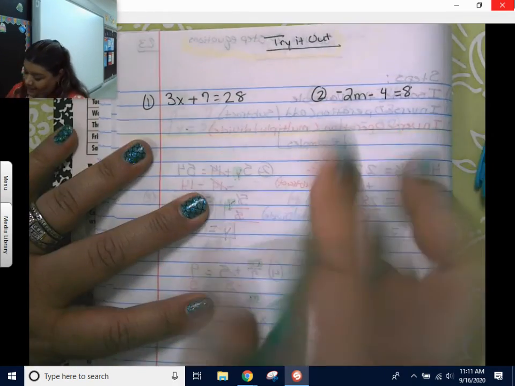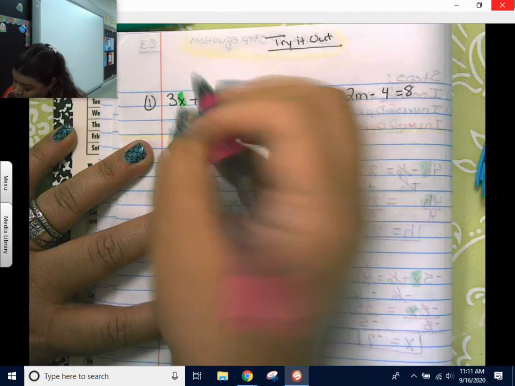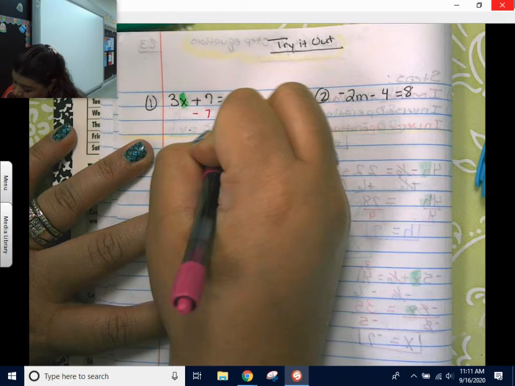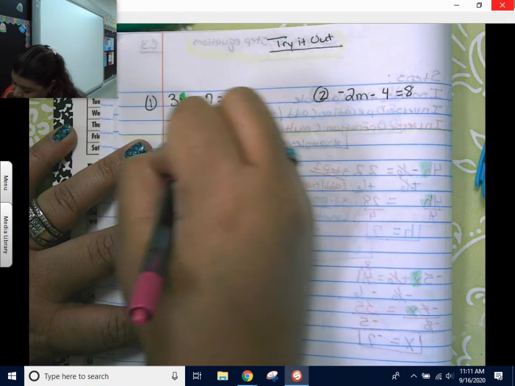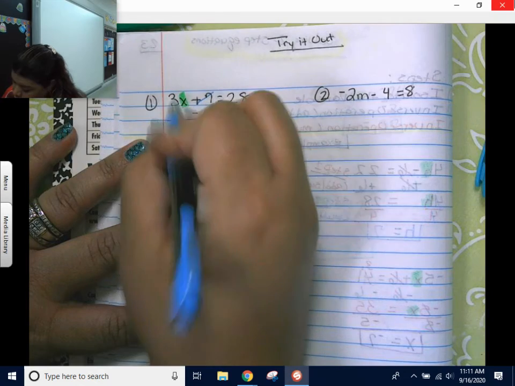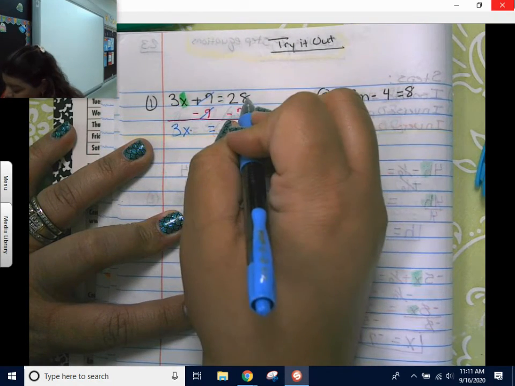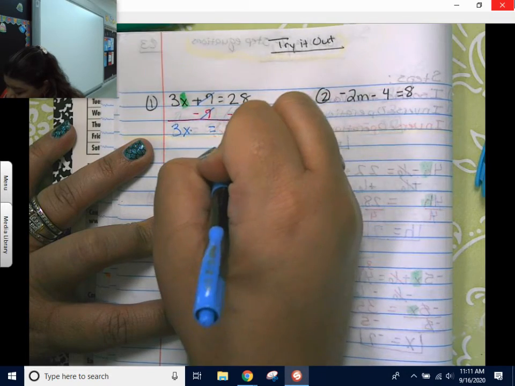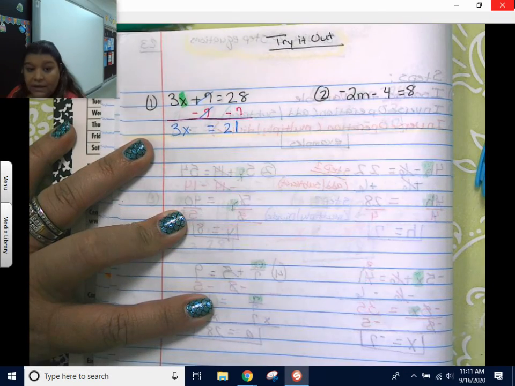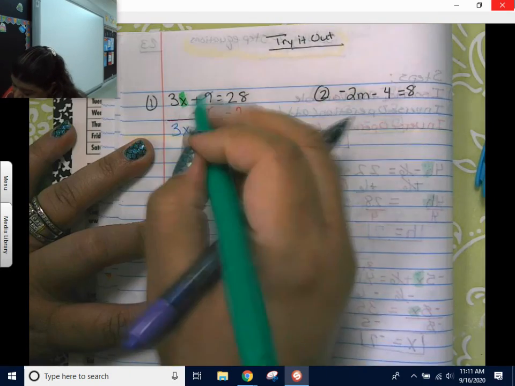All right. Okay, isolate the variable. You should have subtracted 7 from both sides. That would get you 3x equals 21. You see that color? Okay. Isolate the variable again.